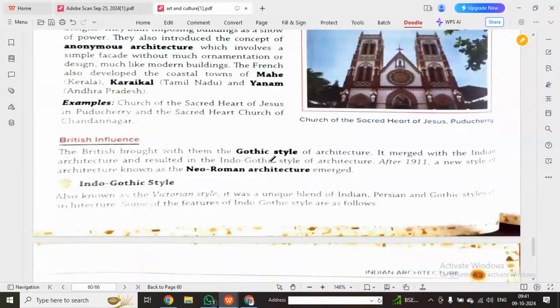After 1911, a new style of architecture known as Neo-Roman emerged. Indo-Gothic style, also known as the Victorian style, was a unique blend of Indian, Persian, and Gothic styles.